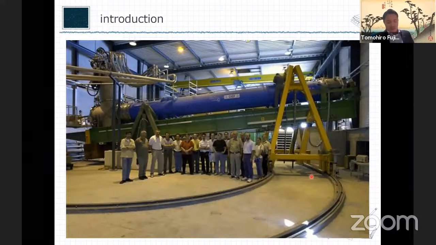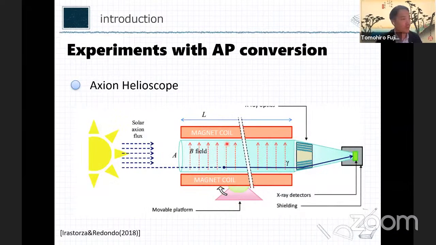The gigantic CAST experiment at CERN tries to use this axion-photon conversion. Their idea is rather simple. We expect some axions are produced inside the sun, our sun in the solar system, and some of them are flying to us.